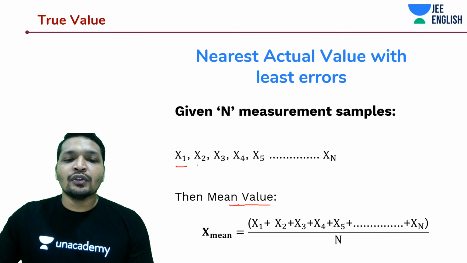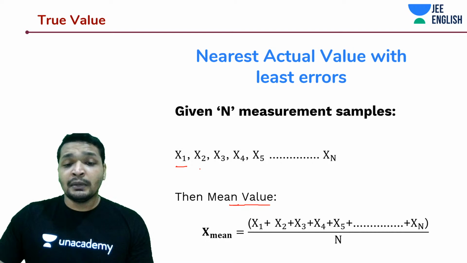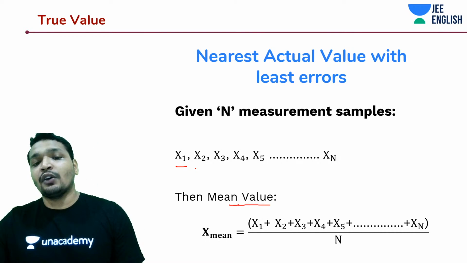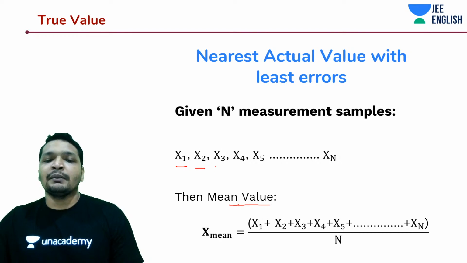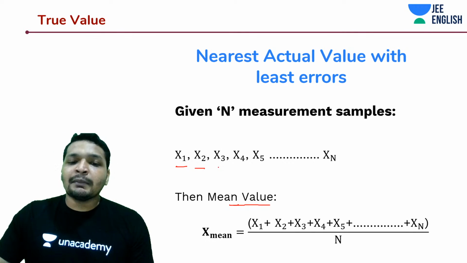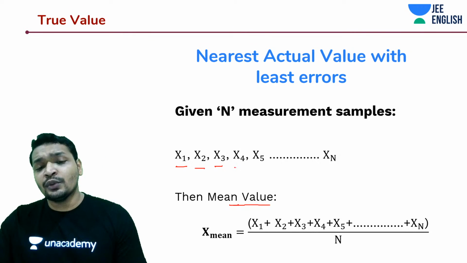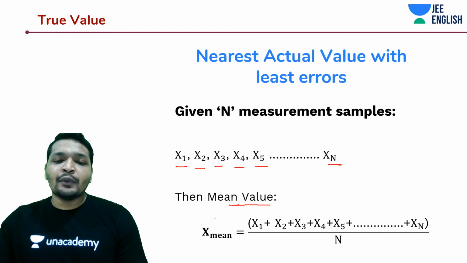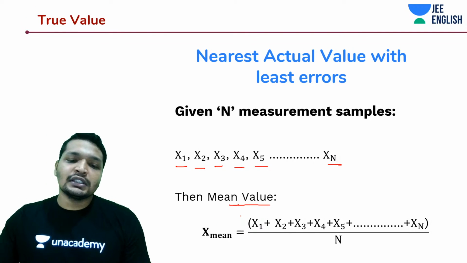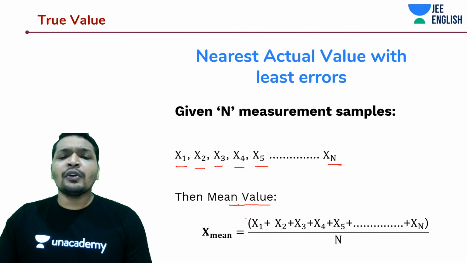Let's say I'm taking measurement samples, which means I'm measuring it n times. The first time I got x1, the second time x2, x3, and so on till xn. So what would I do? I would typically take the mean of all these values. That way I know the near about accurate value.